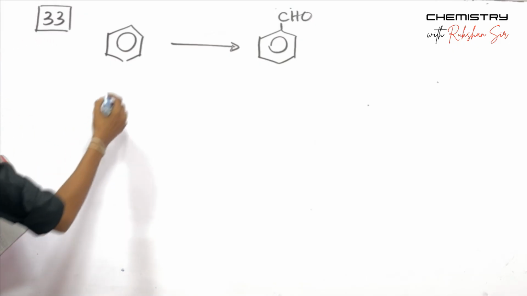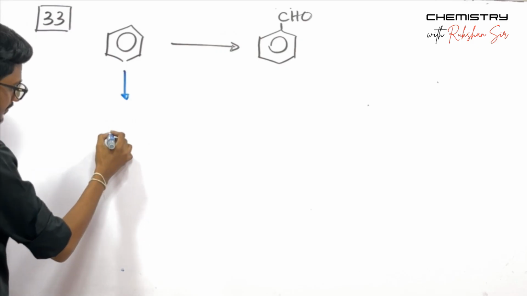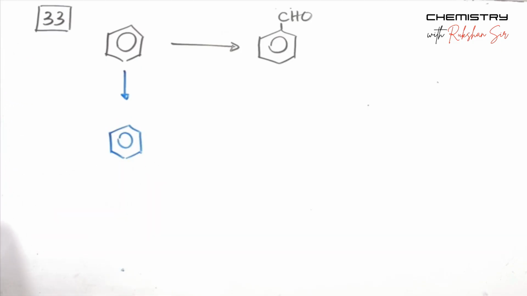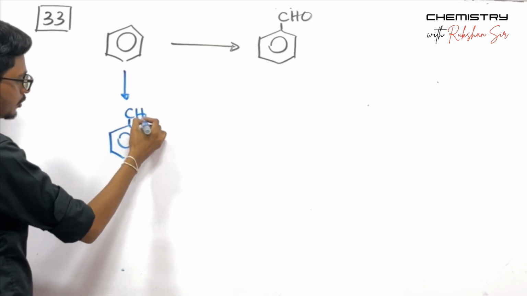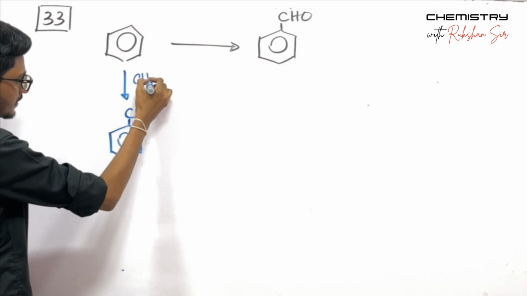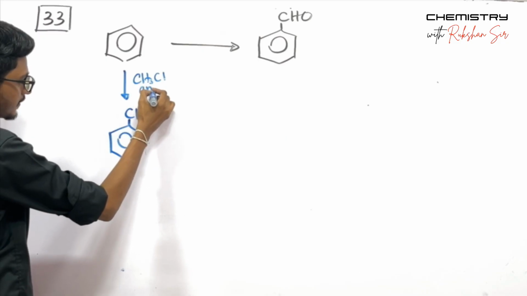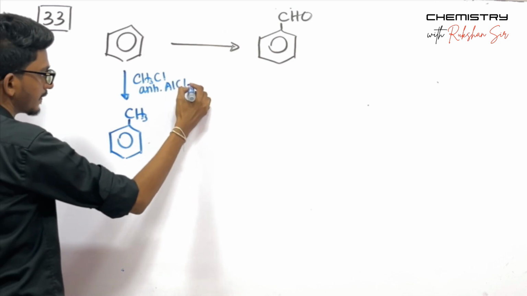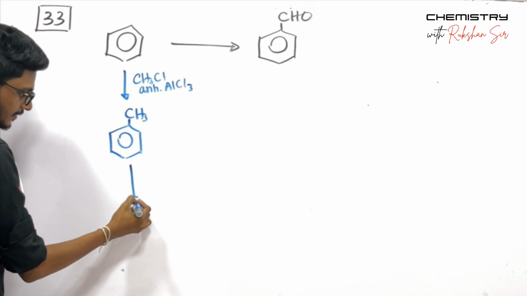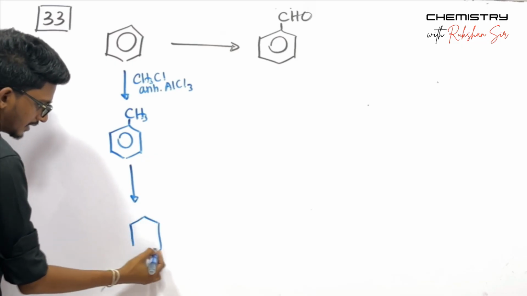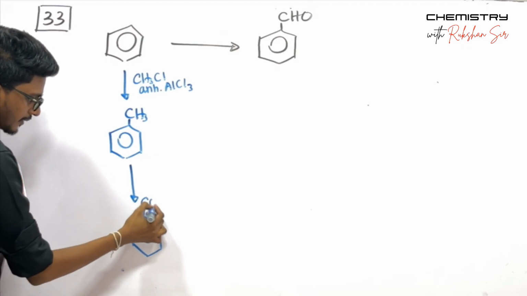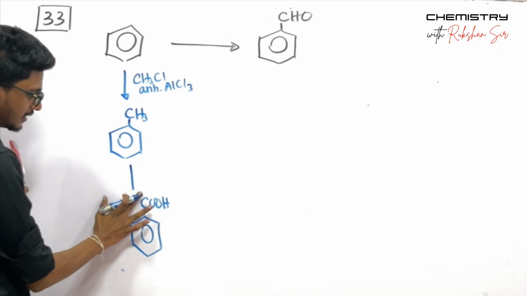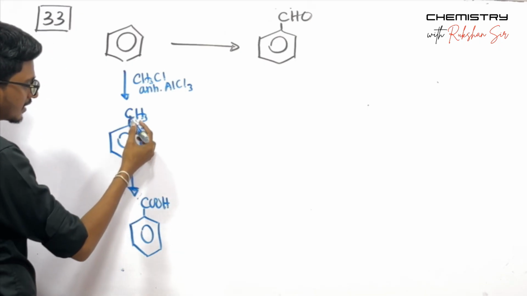So we are supposed to come up with the carboxylic benzoic acid. So how to produce the benzoic acid? First do some alkylation. And this can be easily converted to benzoic acid by adding H plus KMnO4 into benzylic hydrogens.